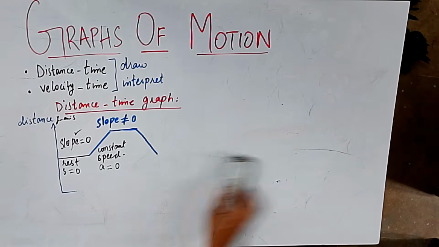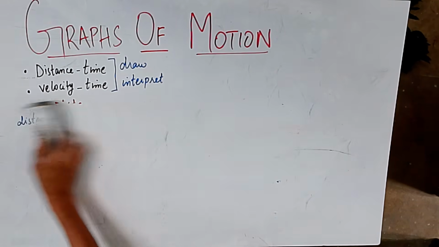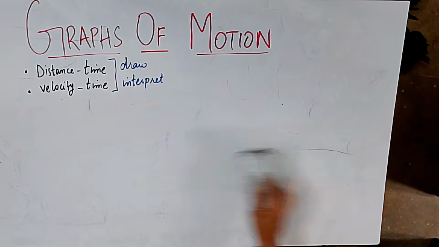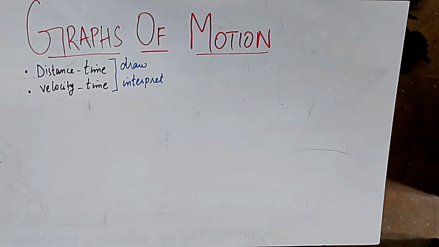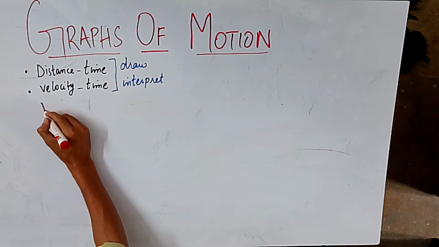Now let's discuss velocity time graph. In this video, we will understand only the look of the graph, that if there is a line like this, what does it mean? In our next video of this series, we will understand the questions related to it, in which we will draw the graph and interpret the graph. So let's understand velocity time graph.